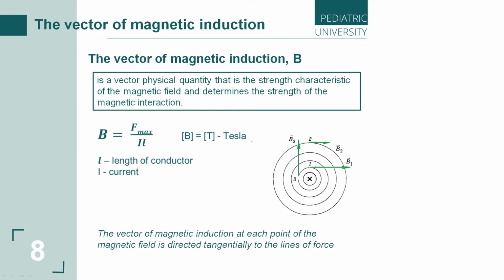And don't forget the vector of magnetic induction at each point of the magnetic field. Let's see on the picture, this is the conductor with a cross. The cross is the direction of current. The cross tells us that the current comes away from us. So this is the vector of magnetic induction at each point of the magnetic field, maybe in this point, in this point, or like in the example, the green arrows.